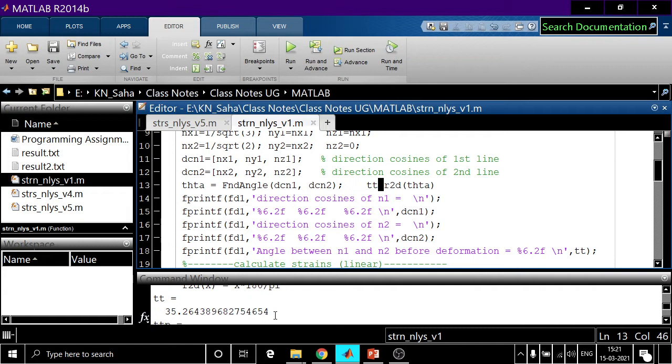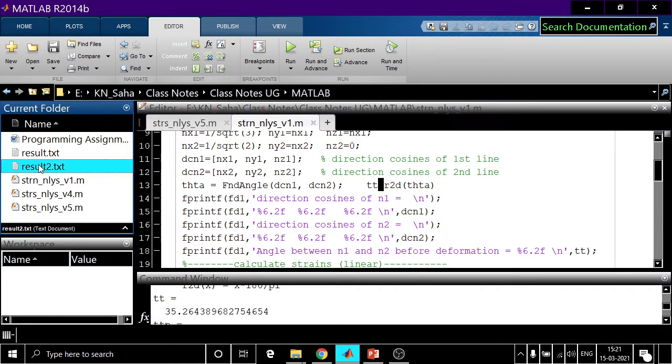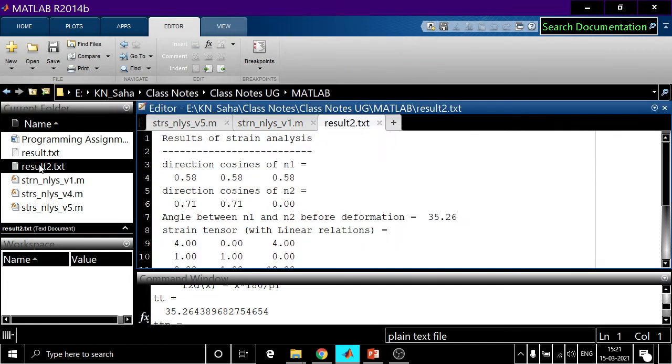And then in our result 2 you will also get that particular value: direction cosine of line 1, line 2, angle between these two directions before deformation is 35.26.